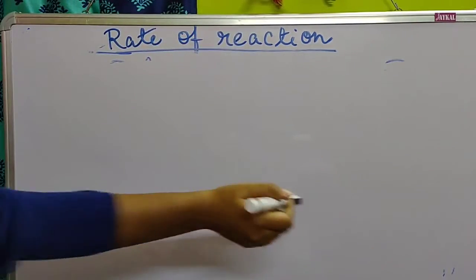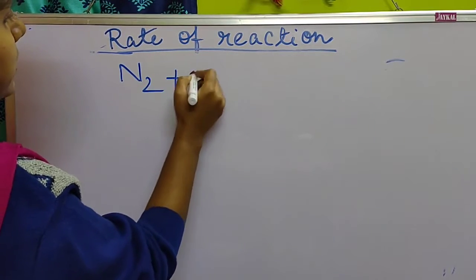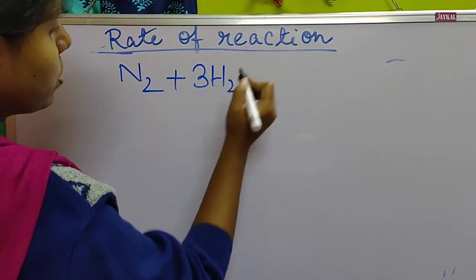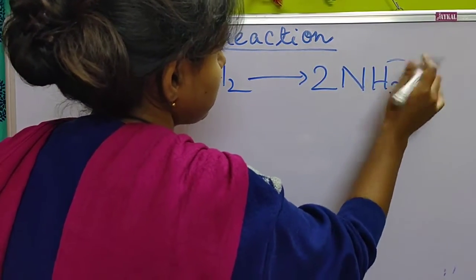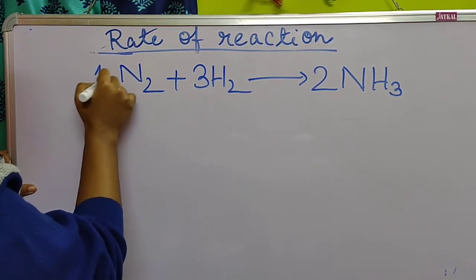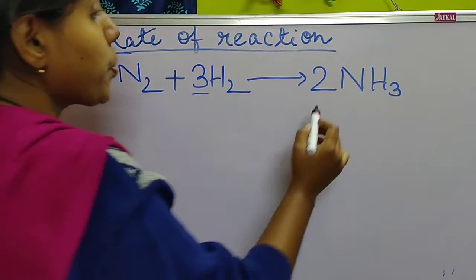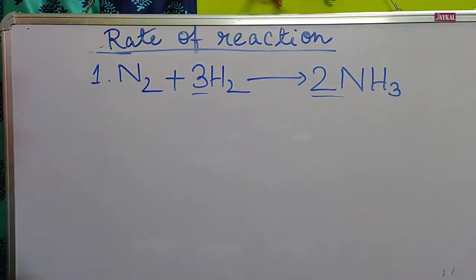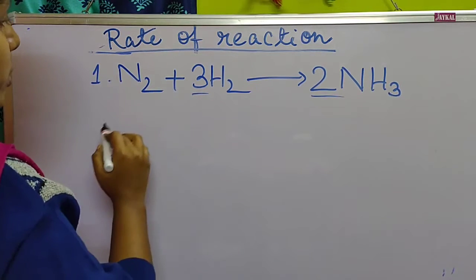One example that I am showing for this type. Suppose the reaction is N2 plus 3H2 gives 2 moles of ammonia. 1 mole of N2, nothing is written, means 1, reacts with 3 moles of hydrogen to produce 2 moles of ammonia gas. All of them are in the gaseous state. Now the molar coefficient for nitrogen is 1.